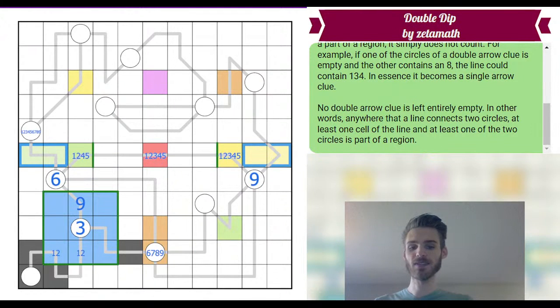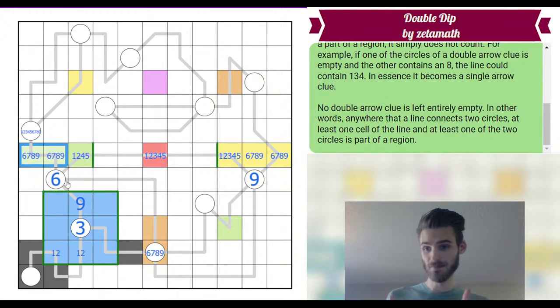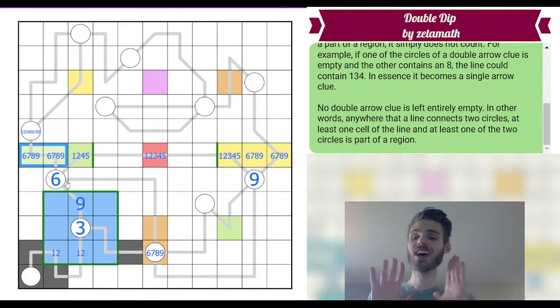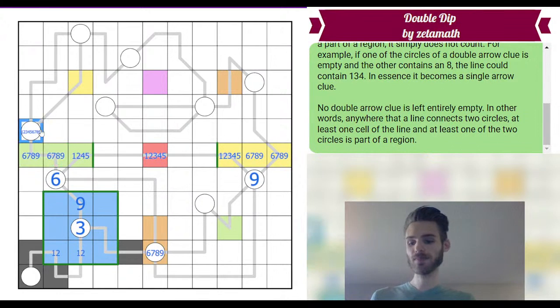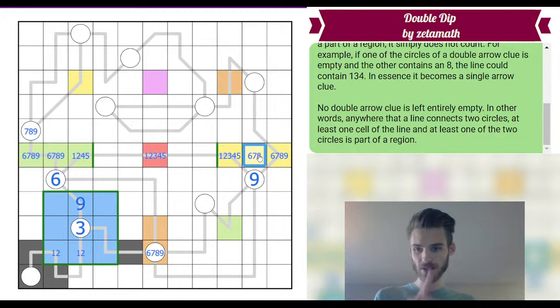So these cells are going to be 6, 7, 8, 9. Now, what is the minimum that these can sum to? Well, they don't minimum sum to 15, maximum sum to 15. So minimum sum to 13. So this is a minimum of 7. This can't be a 9. This obviously can't be a 6.